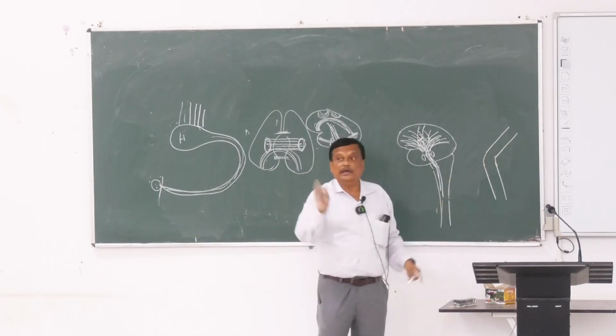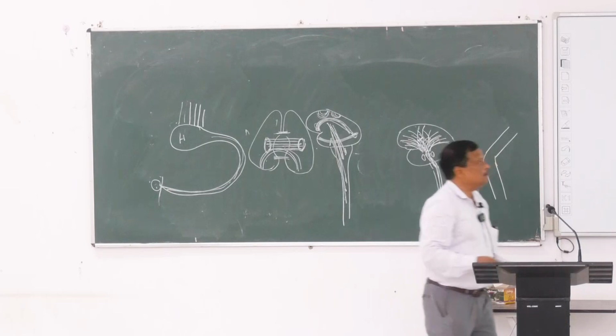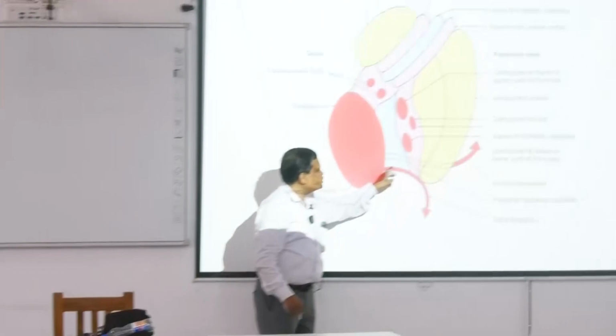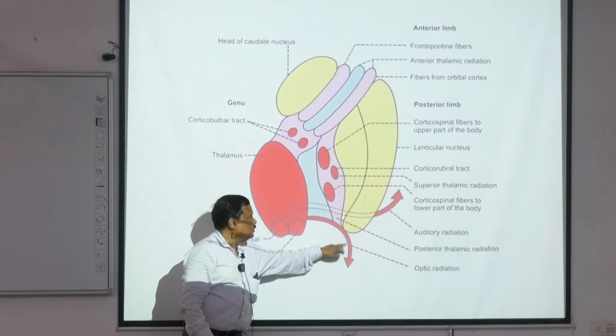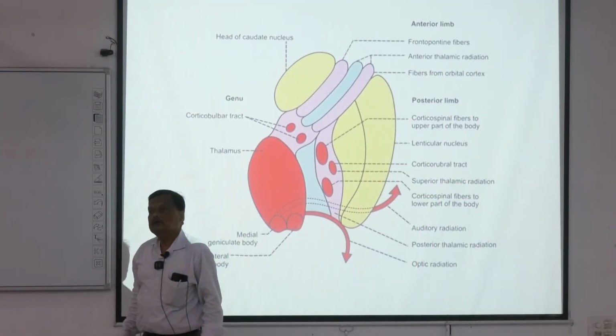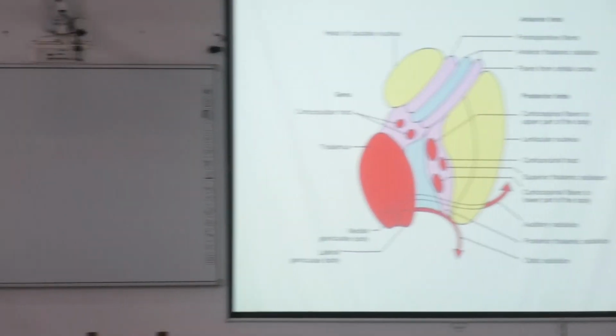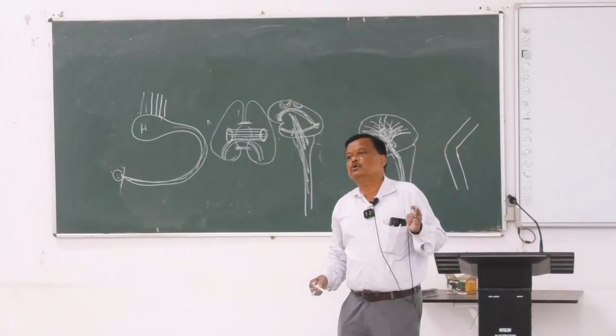There are two other parts. Some part lies below the posterior limb, which we call the sublentiform part, and some part lies posterior to the posterior limb, which we call the retrolentiform part. So it has got an anterior limb, genu, posterior limb, sublentiform part, and retrolentiform part.